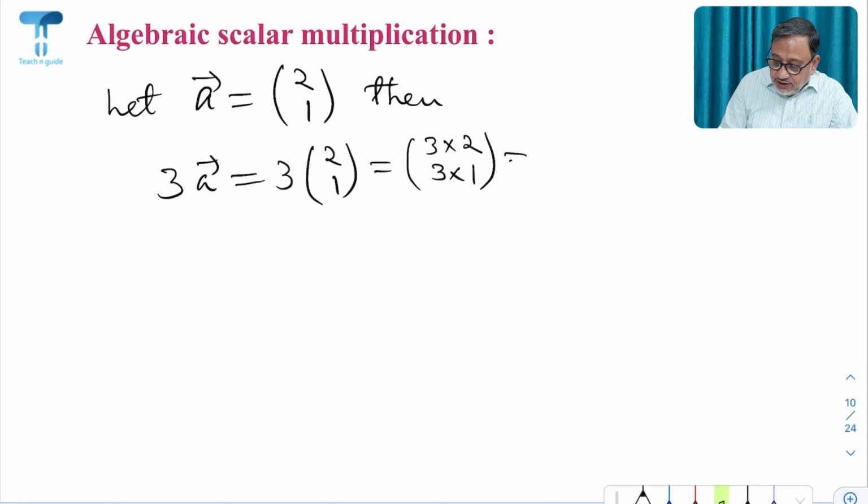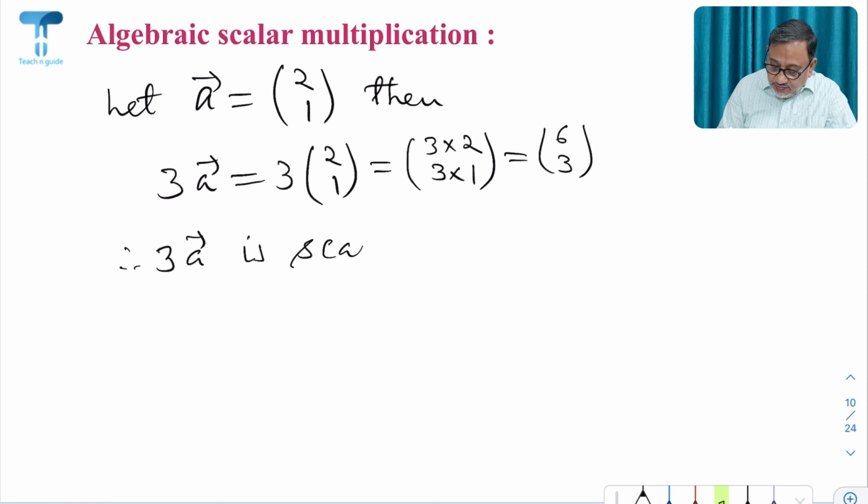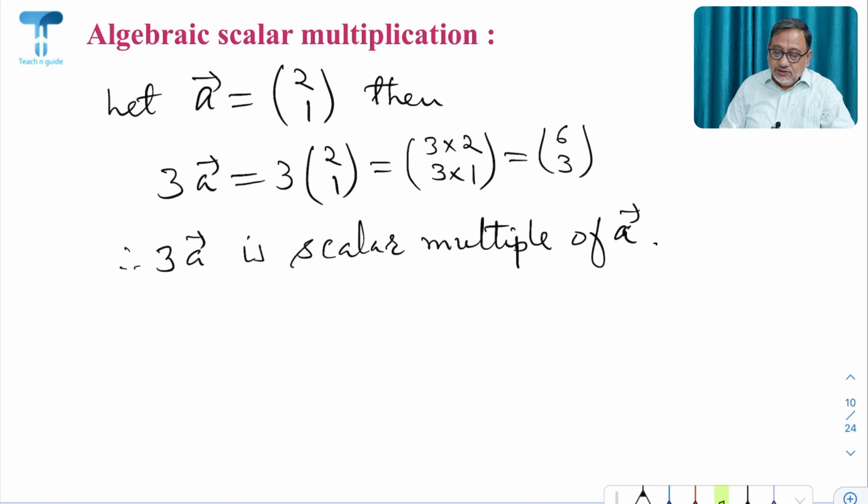This will be called (6, 3). So this will be called the scalar multiple of A. So therefore 3A is a scalar multiple of A.